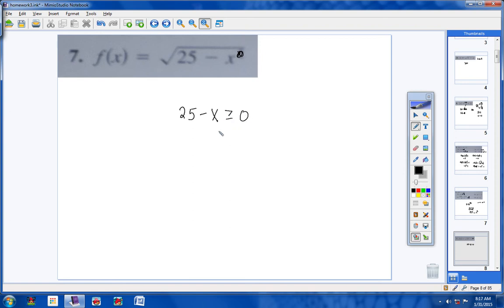You can never take the square root of a negative number, so all of this has to be greater than or equal to 0. You would then solve this, bring the x over and make it positive. You'd be finished. So x is less than 25. So there's your domain. That's so easy to do when there's not a power right here.